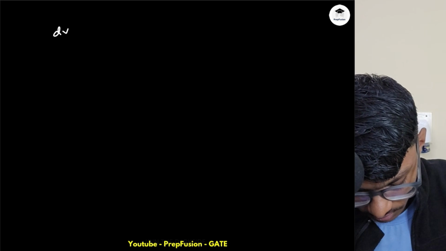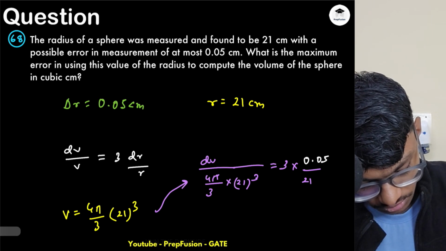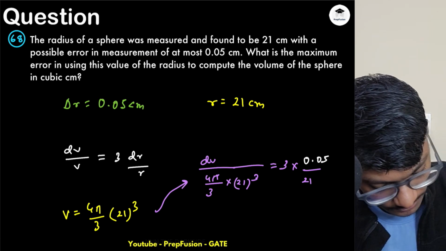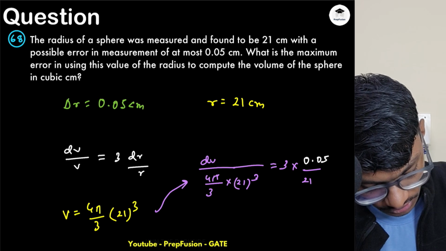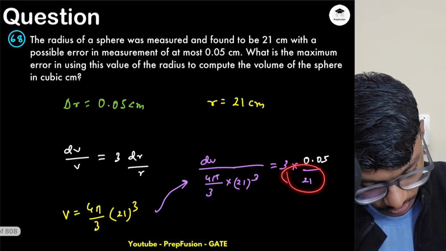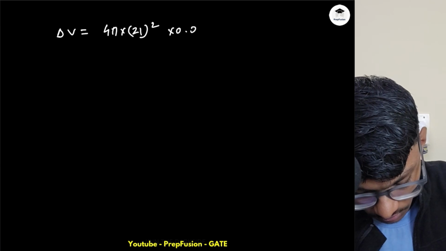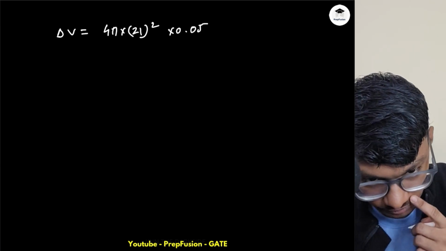So my dv, or I can say delta v, will be equal to this. 3 will get cancelled. This will be 4 pi into 21 square, because 21 cube is in the denominator, multiplied by 0.05.